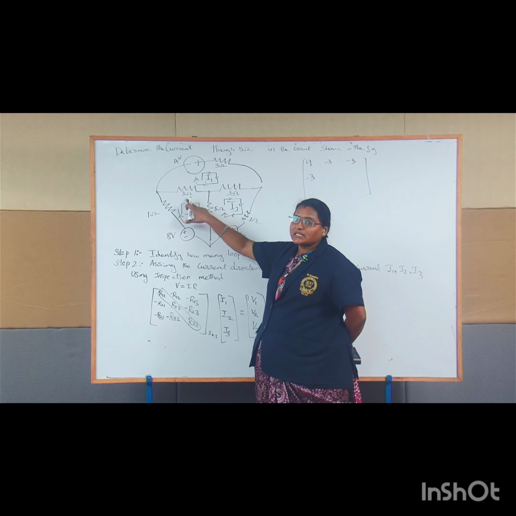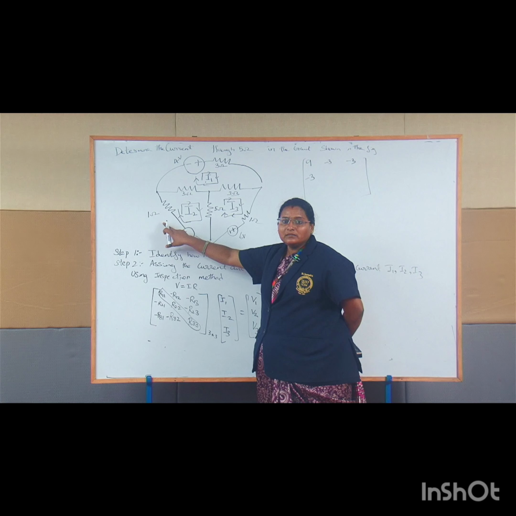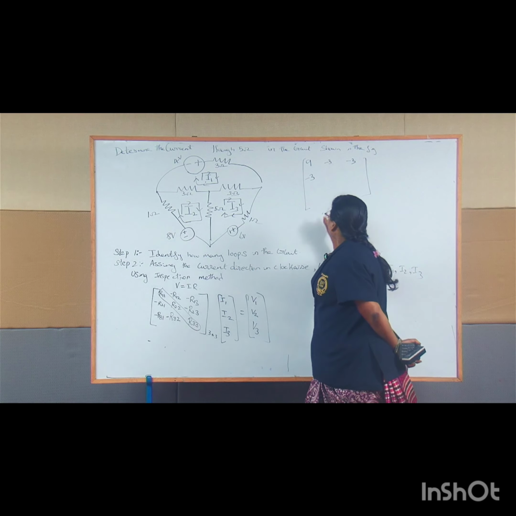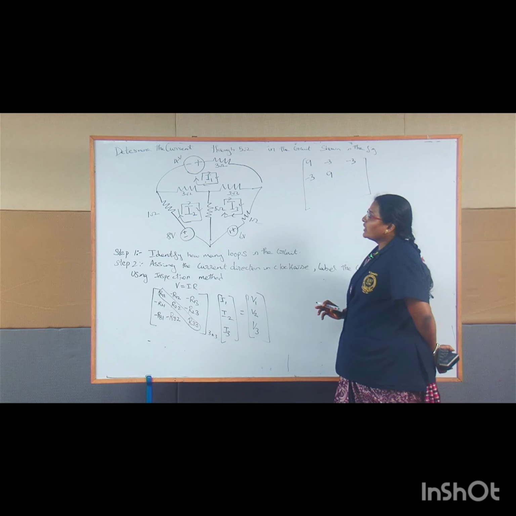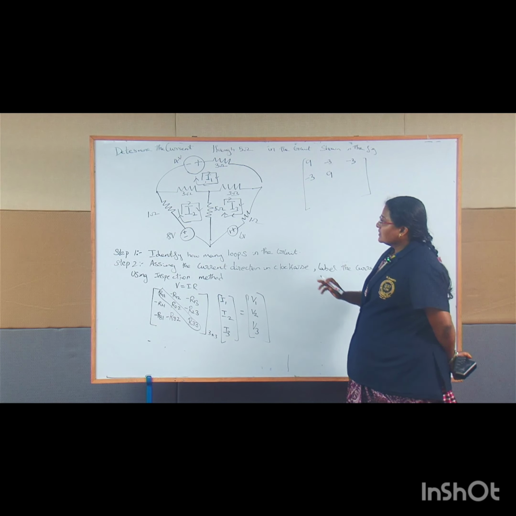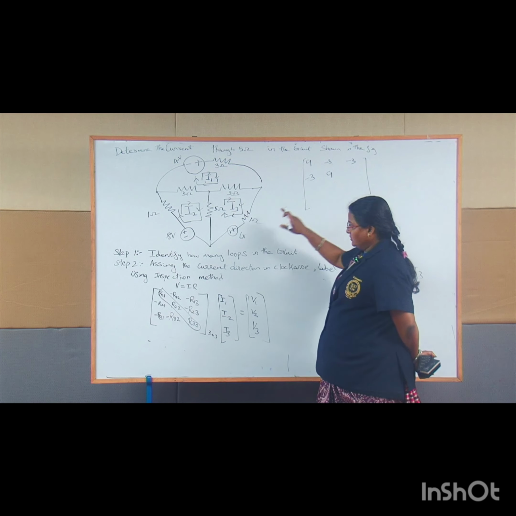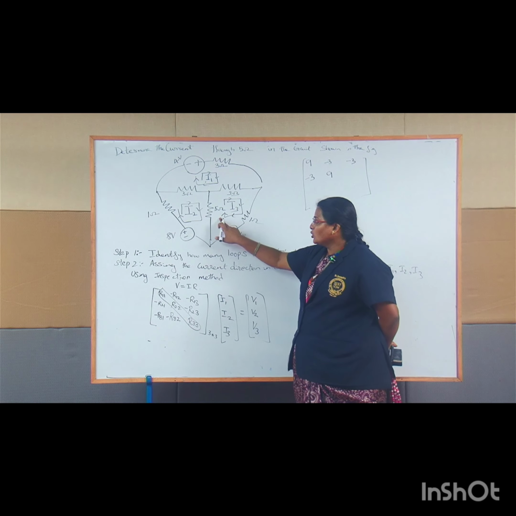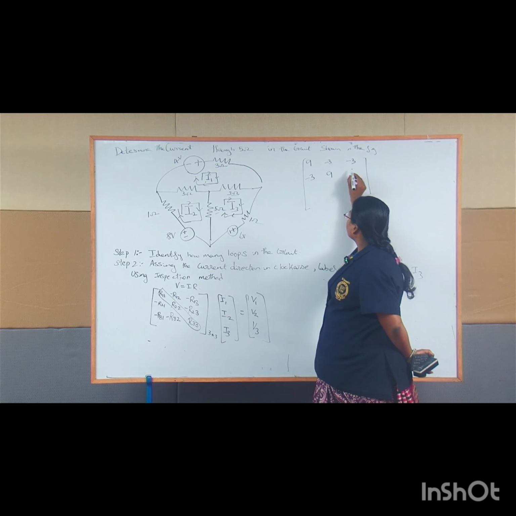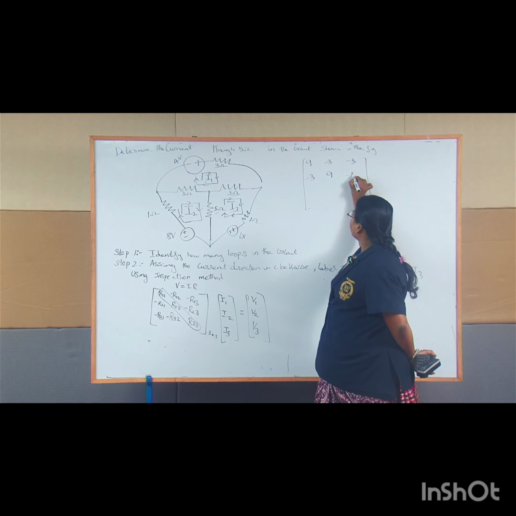So 5 plus 3 is 8, 8 plus 1 is 9. So 9 ohms. Then R23 means the resistance shared by loop 2 and loop 3. It is nothing but 5 ohms, so you have to mention minus 5.